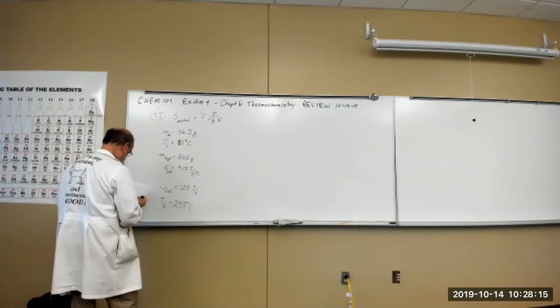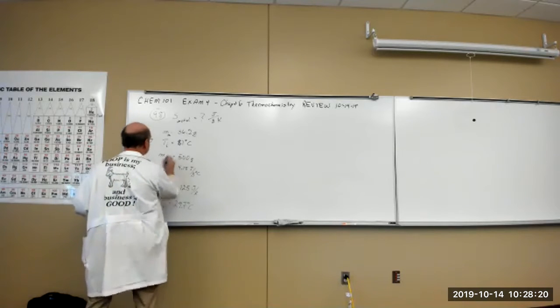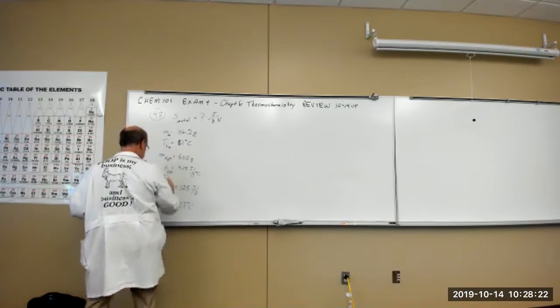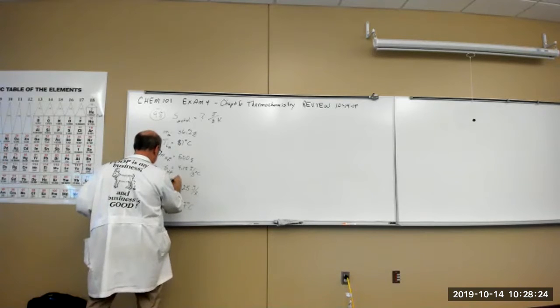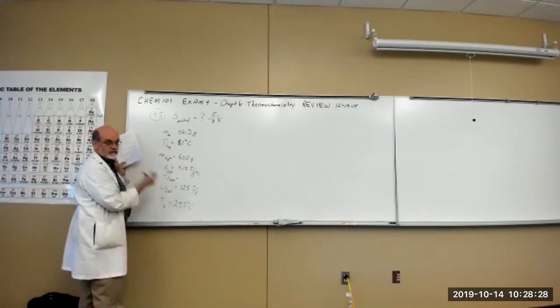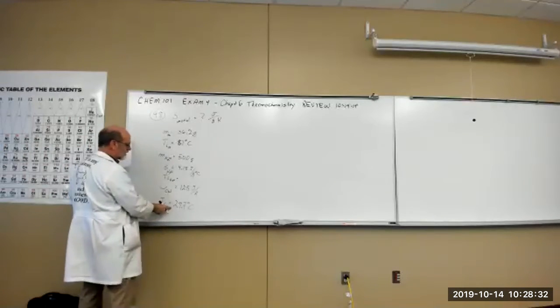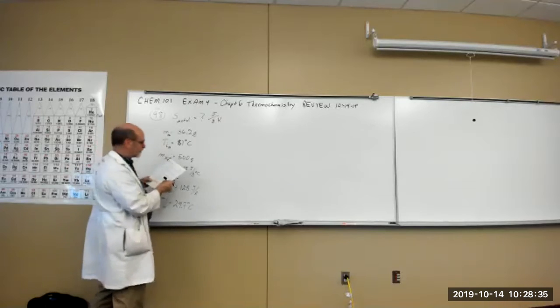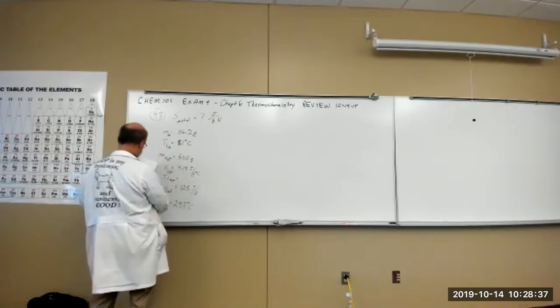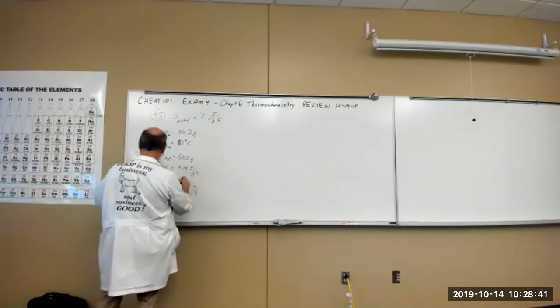Now, what am I missing? Oh, the initial temperature of the water. This is the temperature of the metal. This is the temperature of the water. They're two different temperatures they start at, but they end up at the same temperature, right? They equilibrate. So we use this one as our final temperature for both calculations, or for all calculations. And this value, here it is.